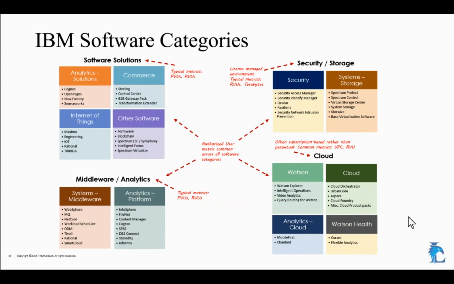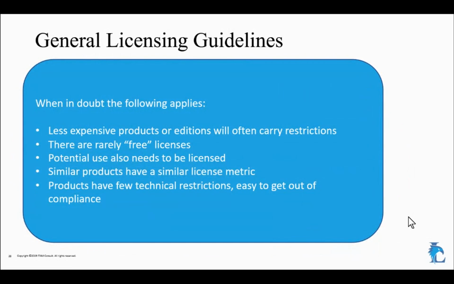If you need to buy some of it, it'll be an authorized user or one of the user metrics. Within cloud, you're going to be looking at VPC or RVU, and that particular area is changing. Probably the most extreme example there is Watson, where they're very much looking at transactional based licensing and so forth. But to give you just a high level view, here are general guidelines before we dive in.